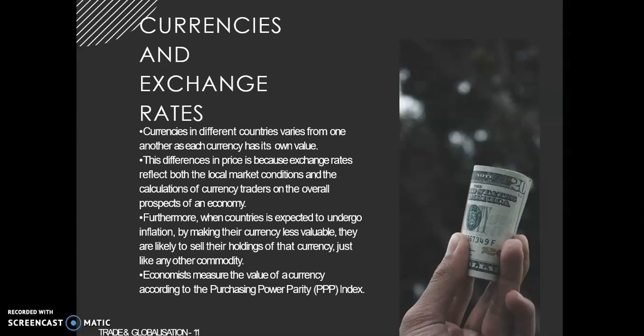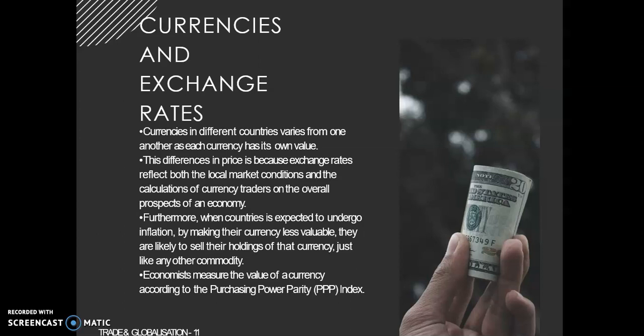Economists measure the value of a currency according to the purchasing power parity, PPP, index. The Big Mac index is an informal way of measuring PPP between two currencies and provides a test of identifying market exchange rates where goods cost the same in different countries.